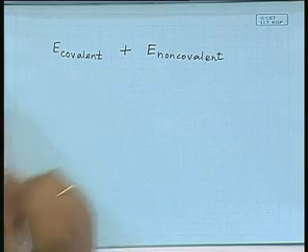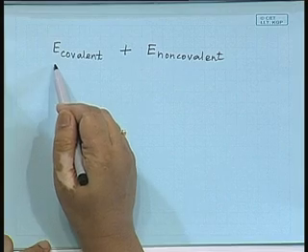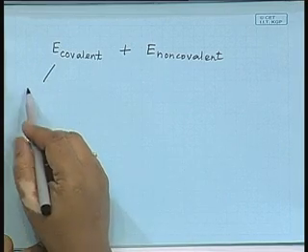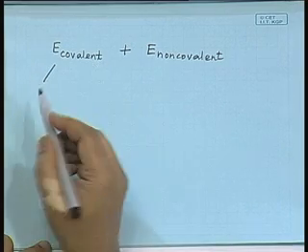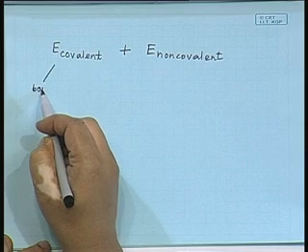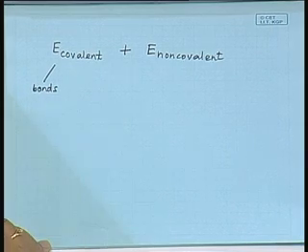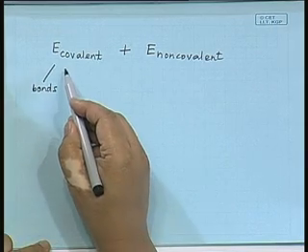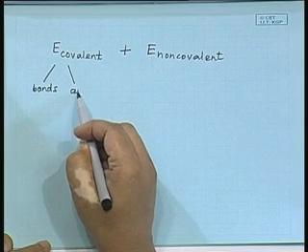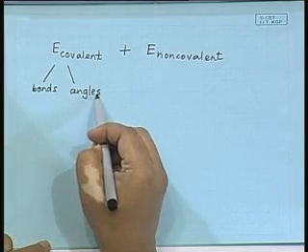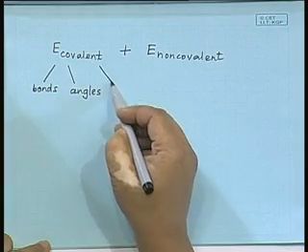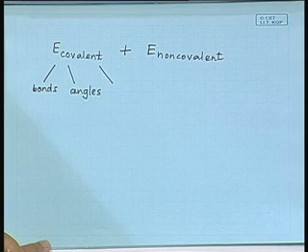Now, under the covalent ones, what do we have? We have bond formation, normal bond formation that is going to contribute. So we have bonds. What else do we have? There is a contribution from angles. There is a contribution from, what other do we have? Torsional angles. Okay.